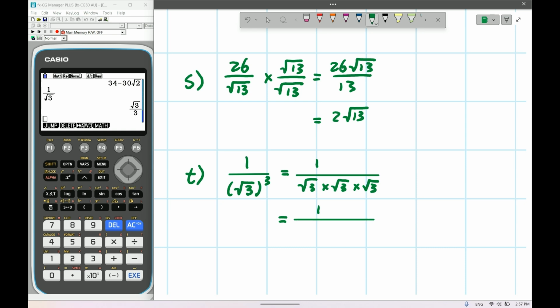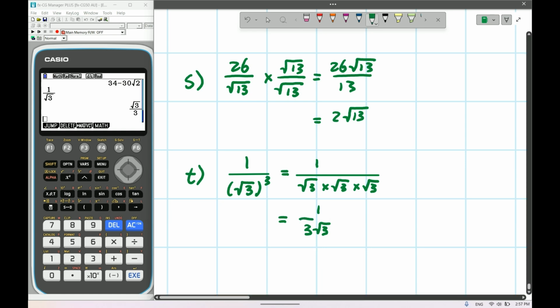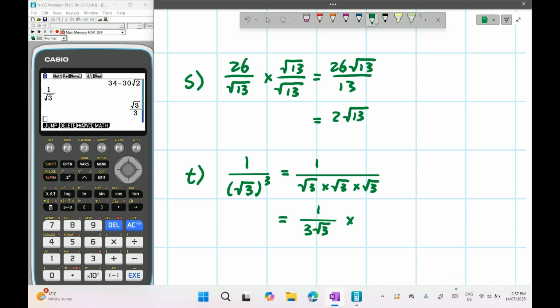So square root 3 times square root 3 would be 3, so those square root 3s, when they get timesed together, become 3 square root 3. And then this question here, we might have actually done a question exactly the same as that. Nope, that's okay. We can just multiply this by root 3 over root 3.